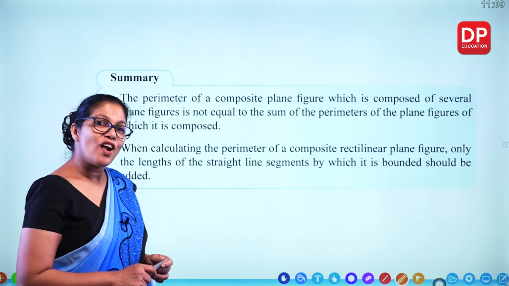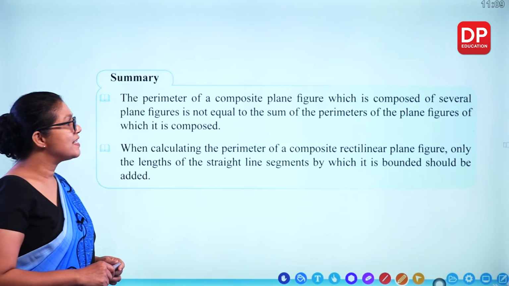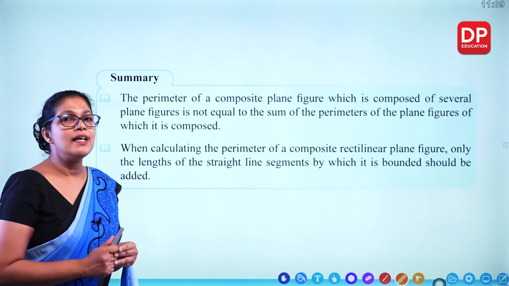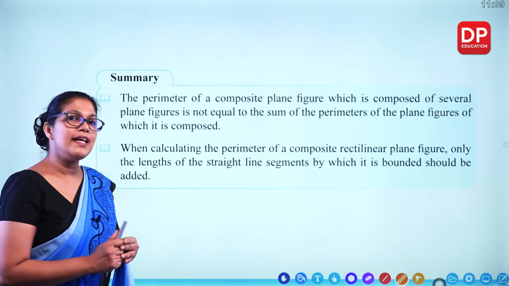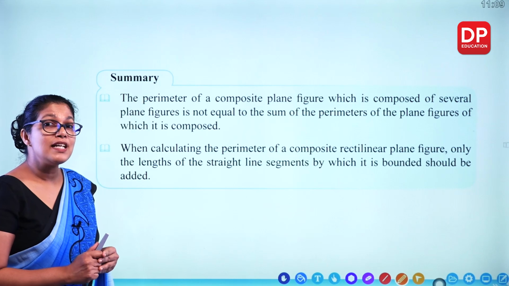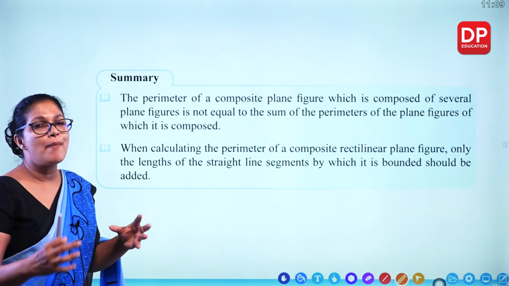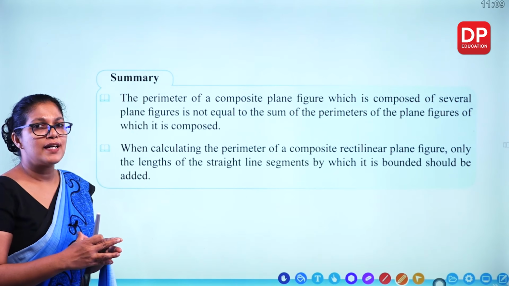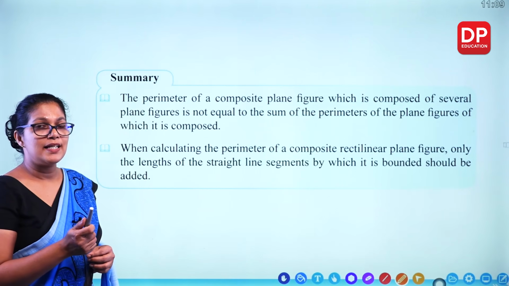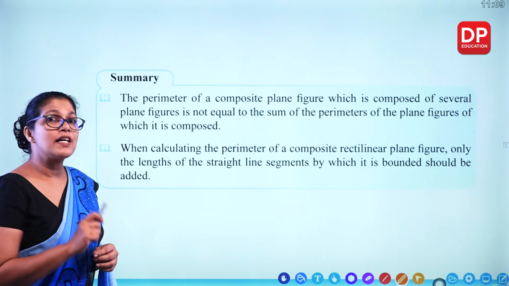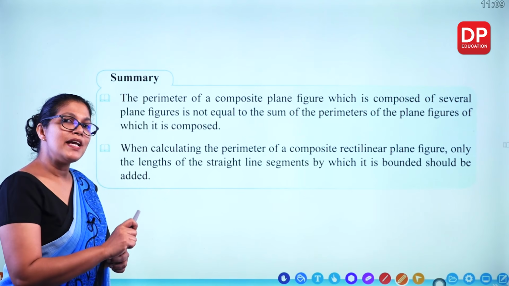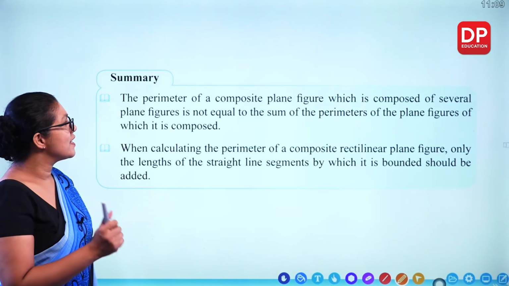So we covered all theory related to perimeter. We found the perimeter of square, rectangle, triangle, scalene, isosceles and equilateral. And then we did composite figures, combining 2 or more figures together. So the perimeter of the combined figure is not the same as the perimeter of separate figures.